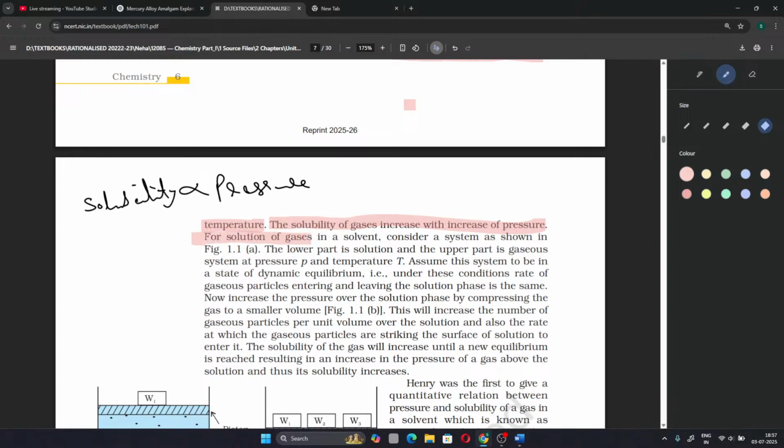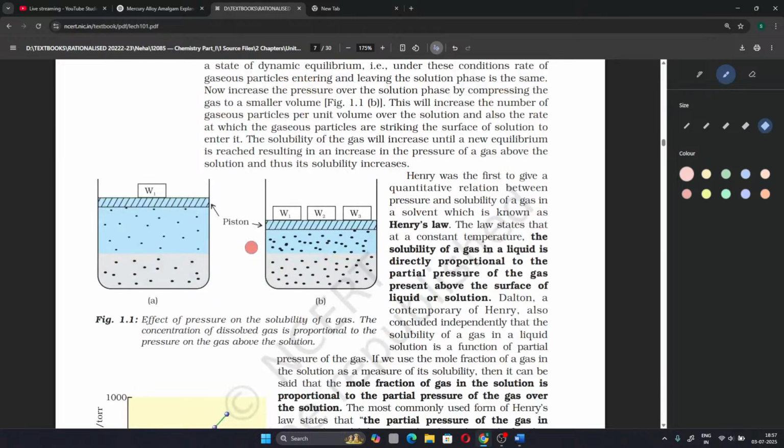For a solution of gases in a solvent, consider a system as shown in figure 1.1a, the effect of pressure on solubility of a gas.